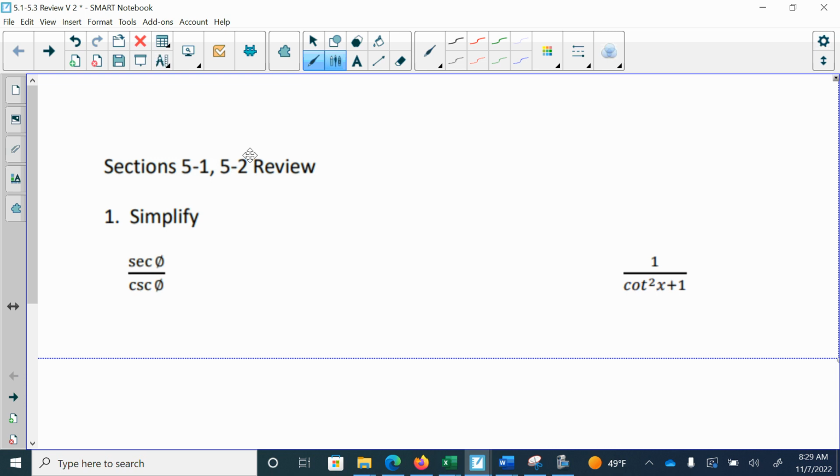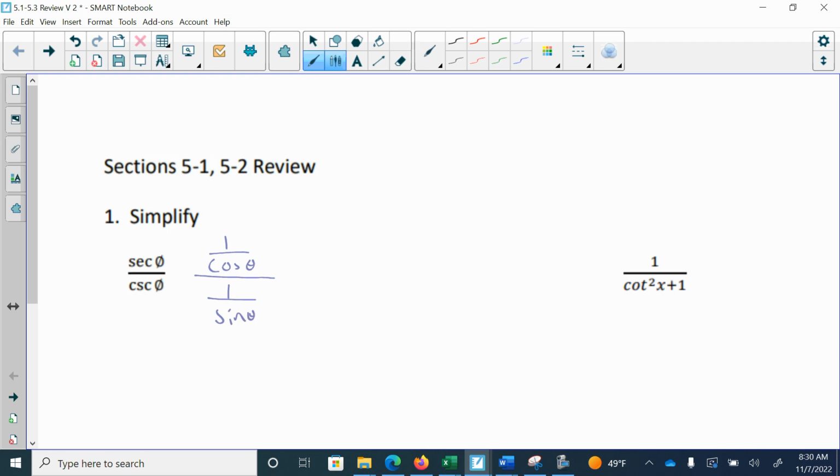If I have something that is a monomial, and by monomial I mean one term over one term, the only thing I can do to really simplify it is to change everything into terms of sine and cosine. So I'm going to rewrite secant as 1 over cosine, and cosecant as 1 over sine.